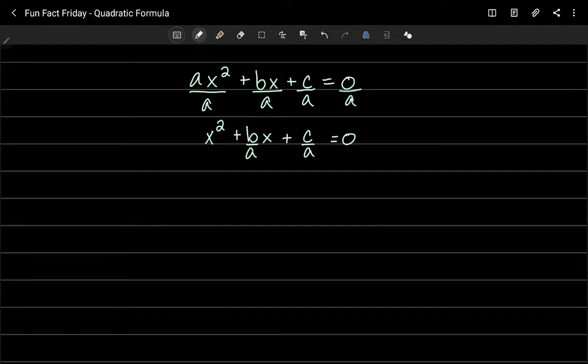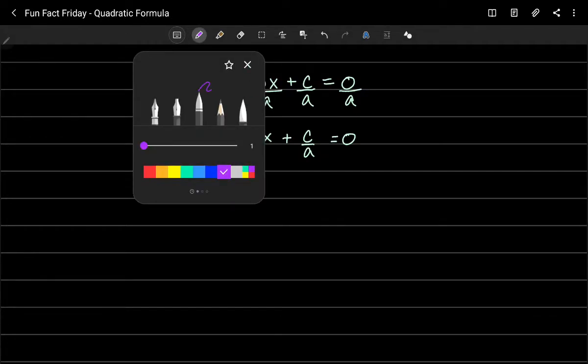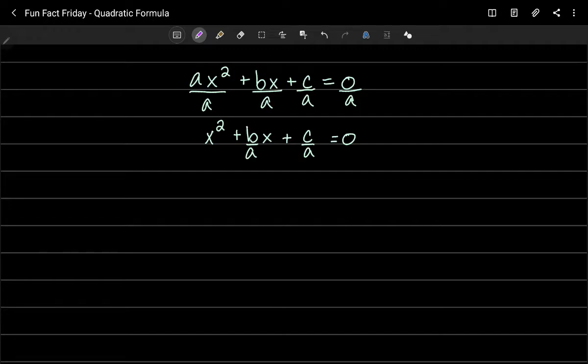So completing the square says to take that b over a, because that's my middle coefficient, take half of it, so that'd be b over 2a, and square it. So that's b squared over 4a squared. Okay, so that's our magic add and subtract value.